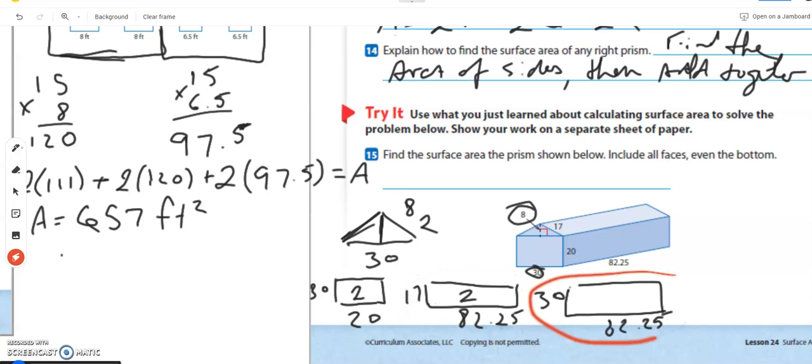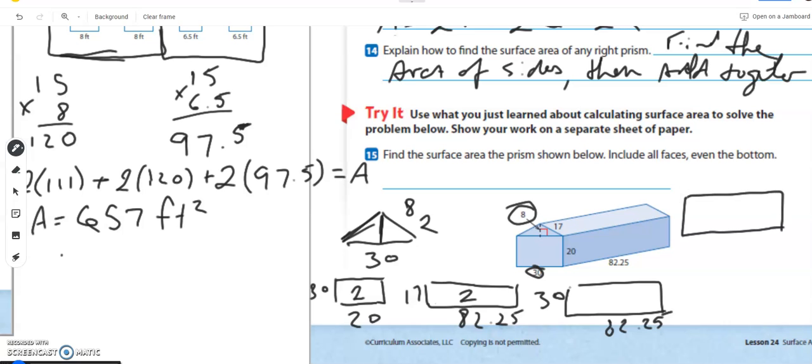This is the bottom of the prism, the floor of it. And then the 2 walls are 20 by 82.25. So using area equals length times width, and area equals 1/2 base times height for the 2 triangles, should be easy to figure it out.